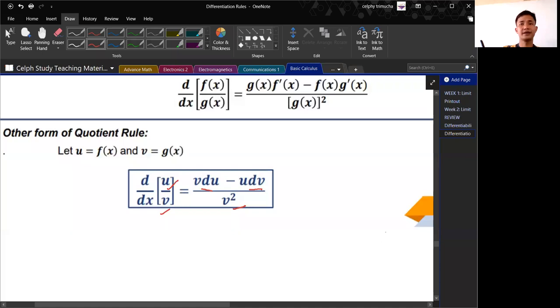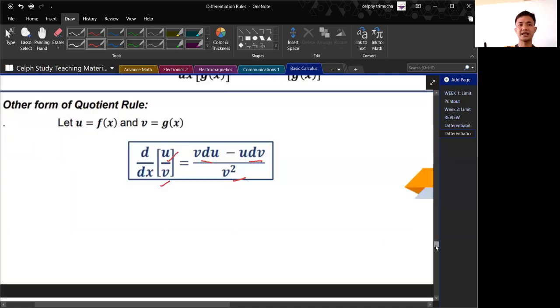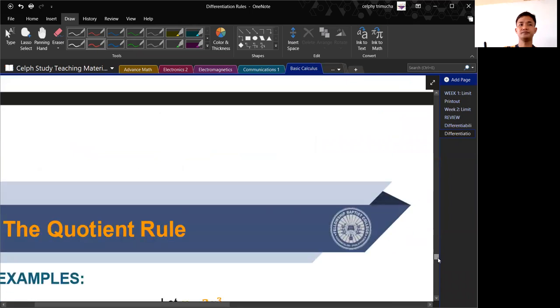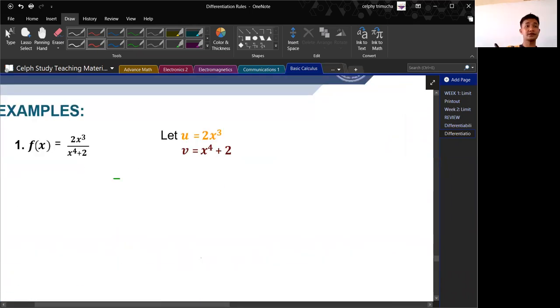So we will have example kay para mas klaro sa aton. Okay, so we have example diri 2x cubed all over x to the fourth plus 2. So we are going to perform or pangitaon nato ang iya nga derivative.